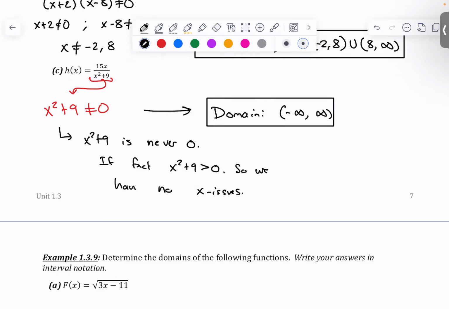So together they are something that is strictly positive. No matter what you plug in for x, this number will be larger than 0, so it could never equal 0. The only thing that could cause problems was the denominator, and it's never equal to 0. So this function's domain is all real numbers. Any questions on that?